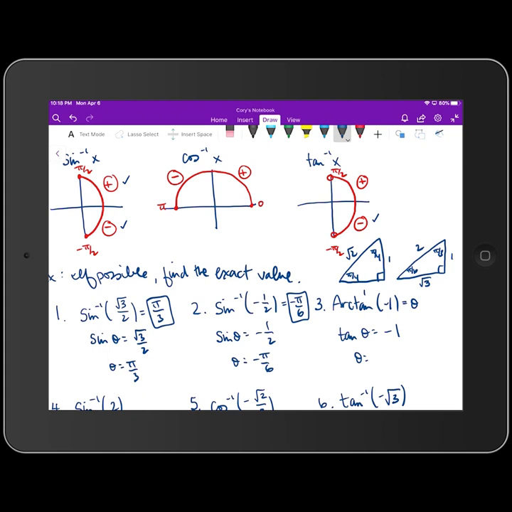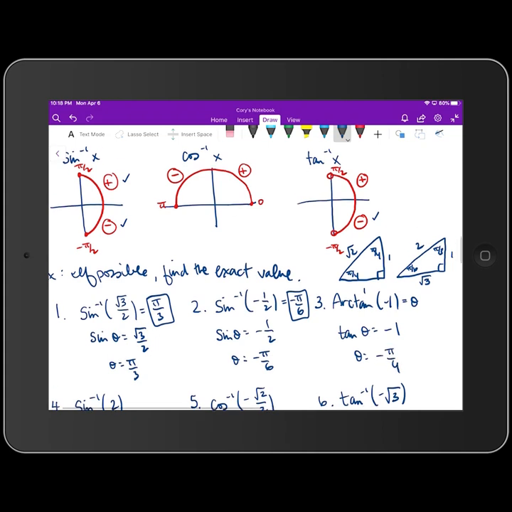And just like we did with sine, that can't be 7 pi over 4 because that's not between negative pi over 2 and pi over 2. Okay, so our range, our outputs for inverse tangent, have to be between negative pi over 2 and pi over 2. So the way that we're going to write the angle in quadrant 4 with reference angle pi over 4, we're going to write it instead as negative pi over 4.